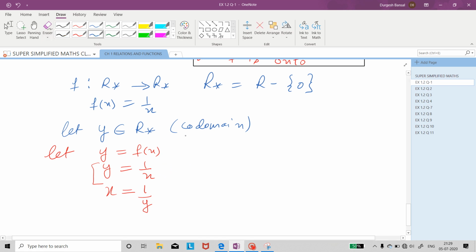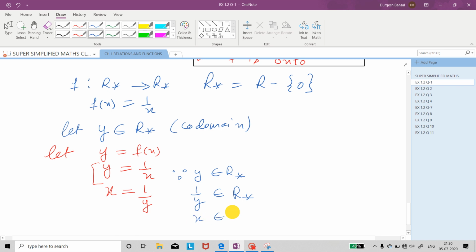Because y was a non-zero real number, the reciprocal of y will definitely also be a non-zero real number. Y is a non-zero real number, so its reciprocal is also a non-zero real number. But 1 by y is nothing but x.